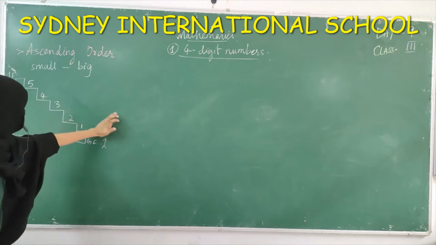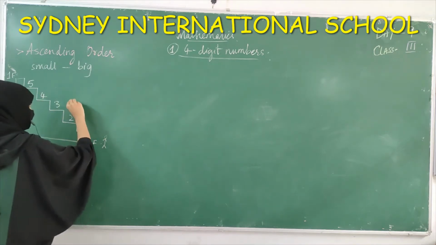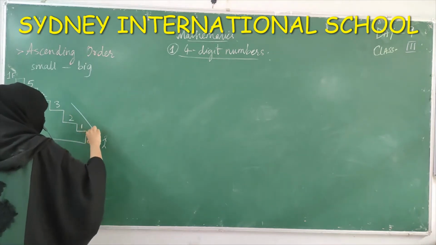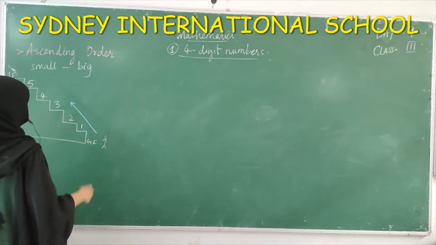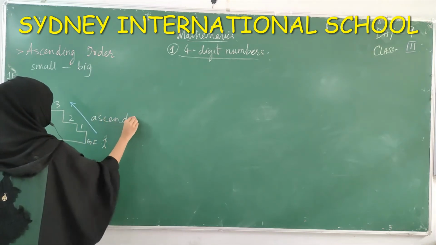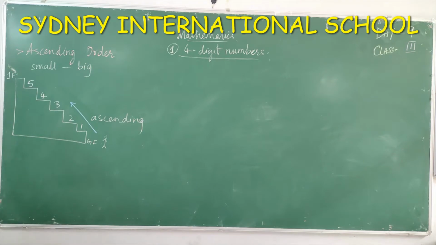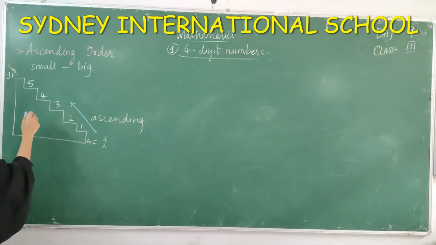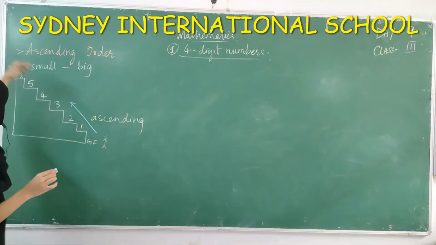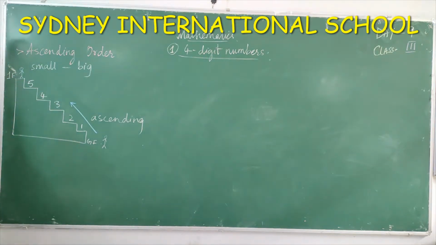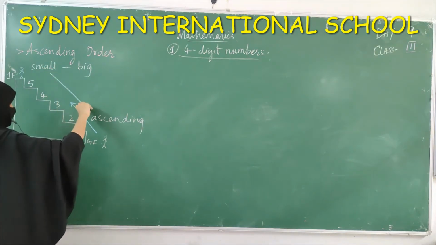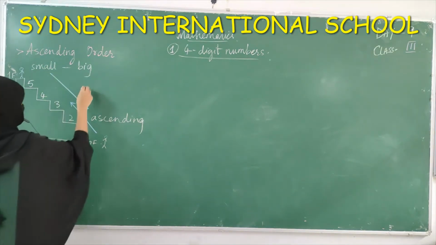Same like this, we have descending order. Opposite of this is descending. If we are coming from big to small, from up to down, from fifth floor coming to ground floor, it will be descending order.